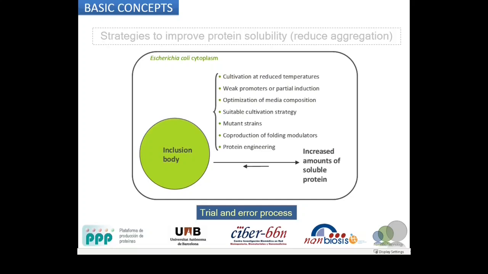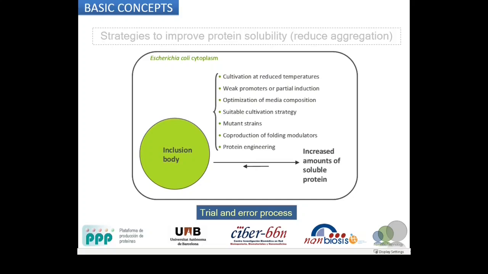There are some mutant strains that are able to cope with this type of problems, as for instance for proteins that contain disulfide bonds, there are mutant strains that are able to get an oxidized environment in the cytosol of Escherichia coli. Also, there are strategies which deal with the coproduction of folding modulators, which seem to be a limiting step in the folding of the proteins that are produced.